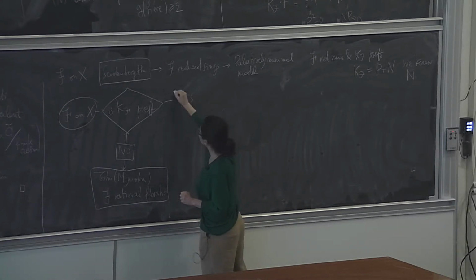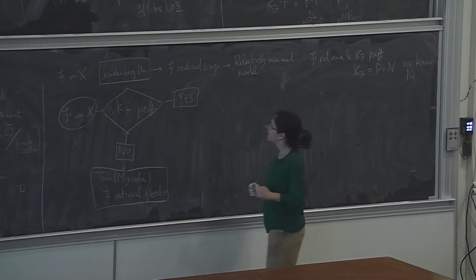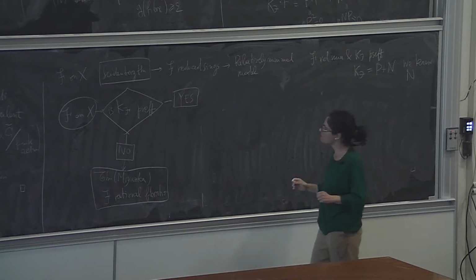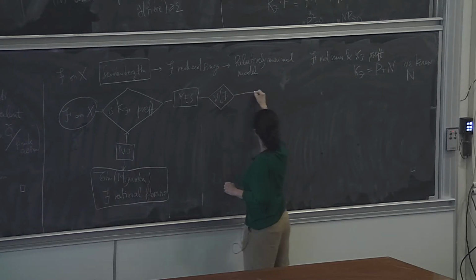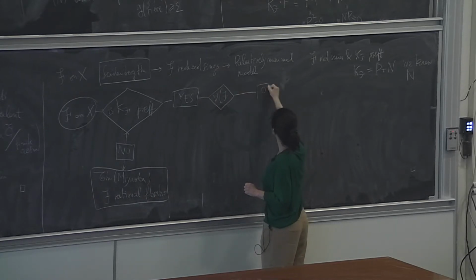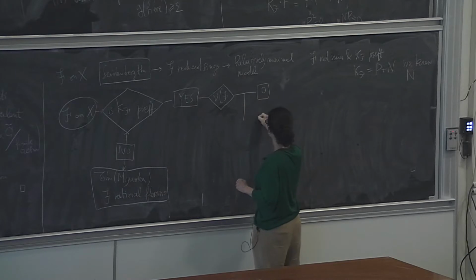If it is pseudo-effective, then there are 3 options. Then the numerical dimension of F is either 0 or 1 or 2.